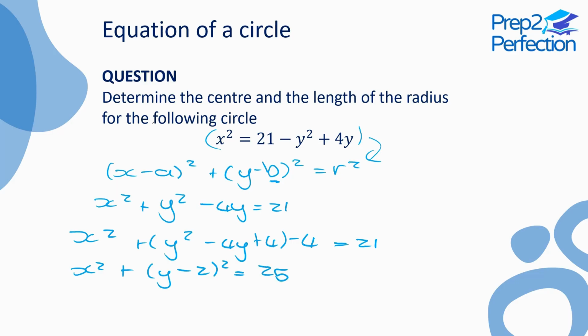And from here we can see that it is similar to our equation of a circle. So we get our center, which is (0, 2). And then we know that our radius is r squared equals 25. But if we do this, the radius will be 5.